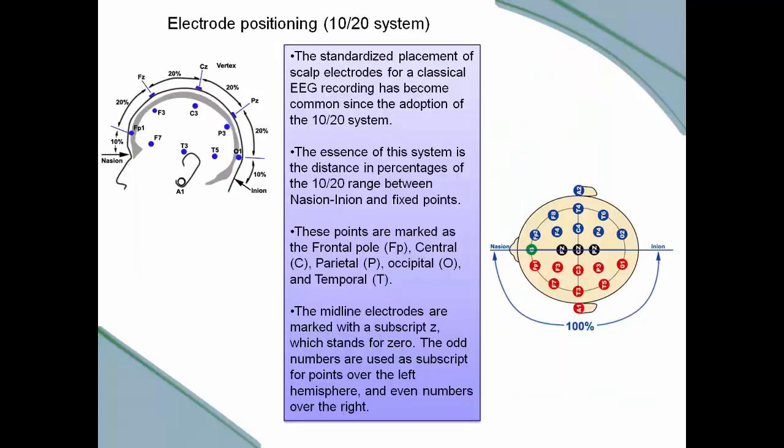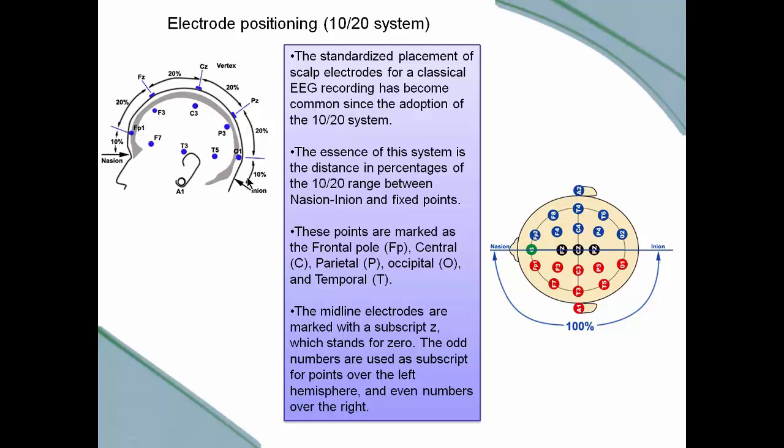Electrode positioning, as I mentioned, is this 10-20 system, and it is the standard placement for scalp electrodes in classical EEG recording. But the essence of it is not so much in the exact position as it is in the percentages of distance going from this point called the nasion, right here, just above the nose, right above the bridge of the nose, all the way back to the inion, which is right at the base of the head.